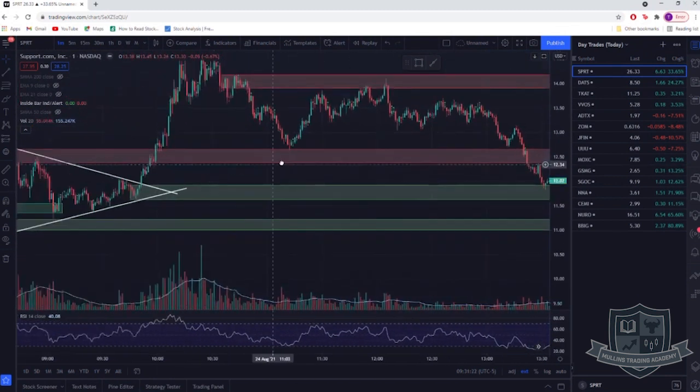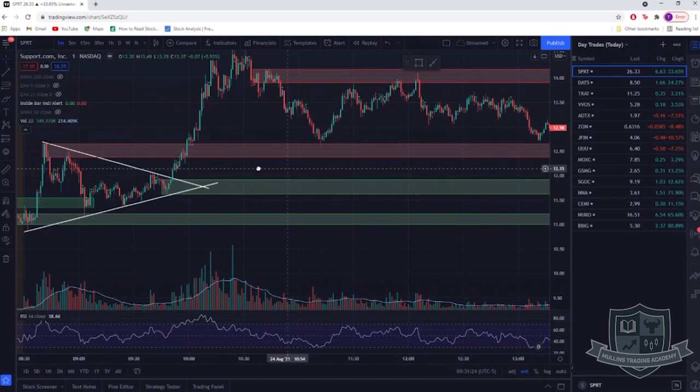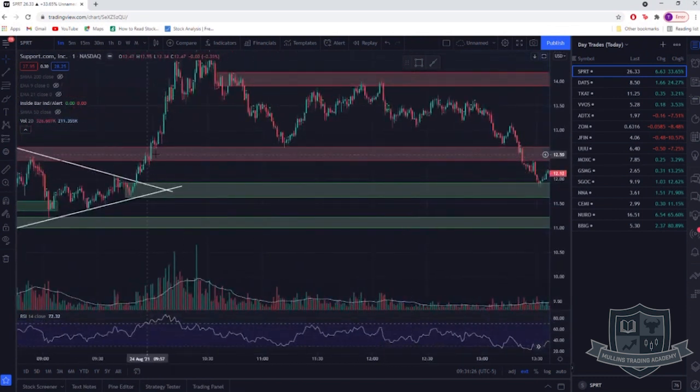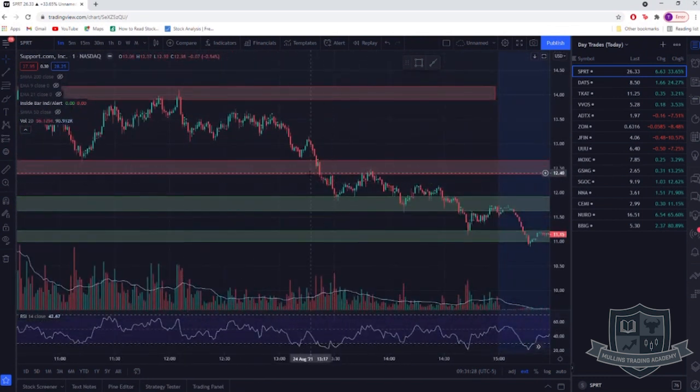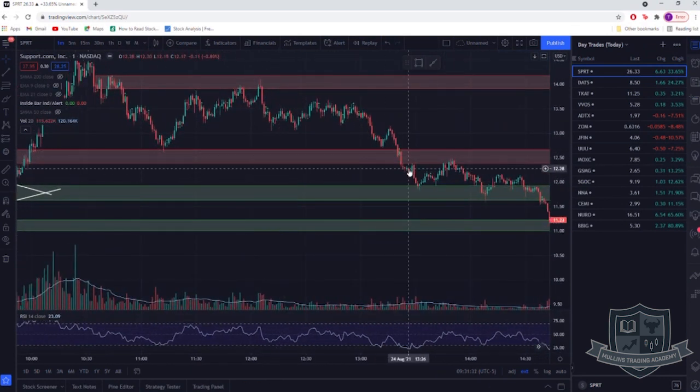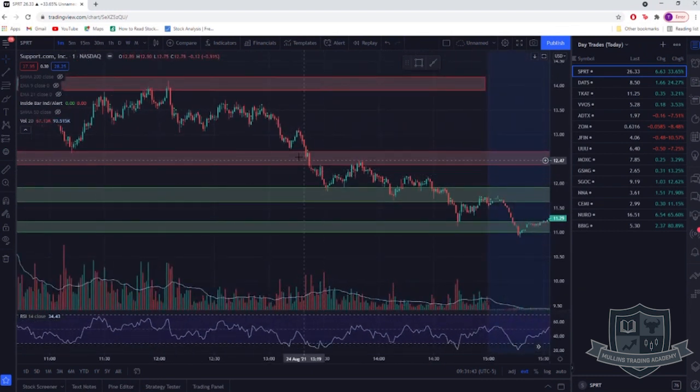There are longs that are for some reason still in this play, or maybe they had orders here that they tried to get filled and they didn't. They were dumb and didn't remove those orders. Now they're underwater and they want to get as close to their entry as they can, so that they can get out at break even, as close to break even as they can. And so you get this retest and then a good selling candle.